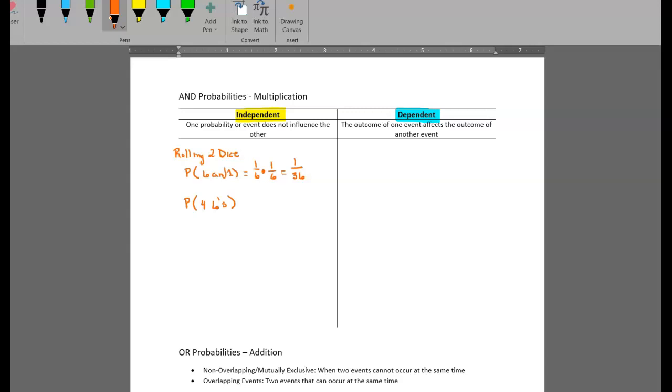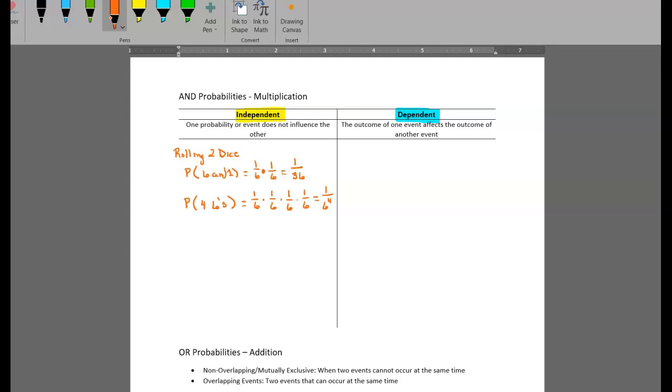So we have 4 6s, so that's 1 out of 6 times 1 out of 6 times 1 out of 6 times 1 out of 6. Or we can say this is 1 6th to the 4th power, or whatever that value happens to be. Again, we don't have to write all of these out.